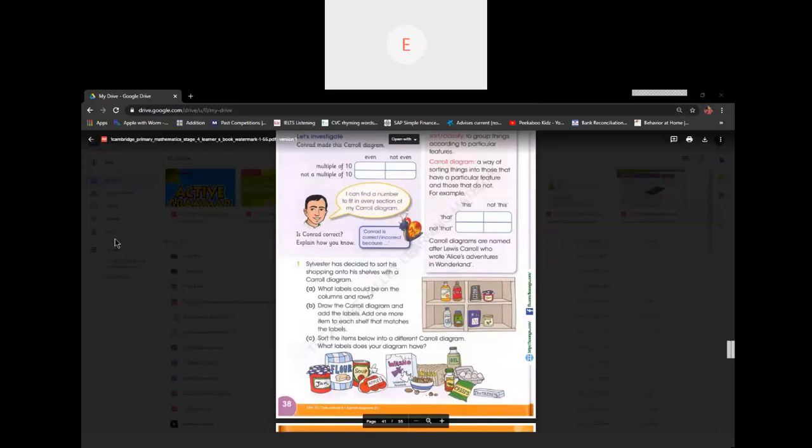Add one more item to each shelf that matches the label. I would say mustard for the first one. Second one, I would say beans. Third one, I would say Coca-Cola. Fourth one, I would say garlic.